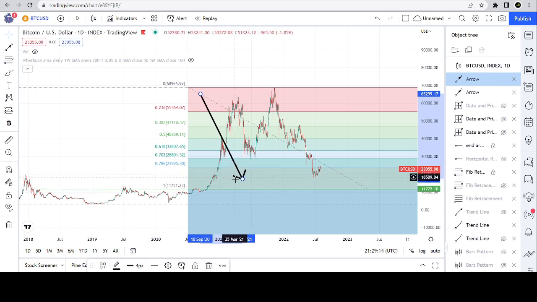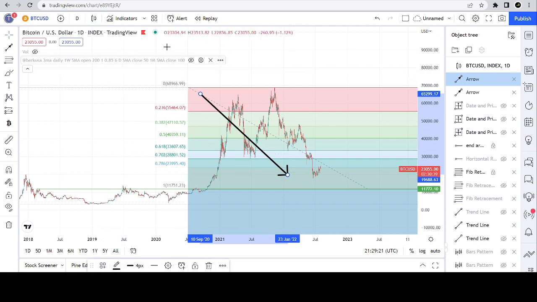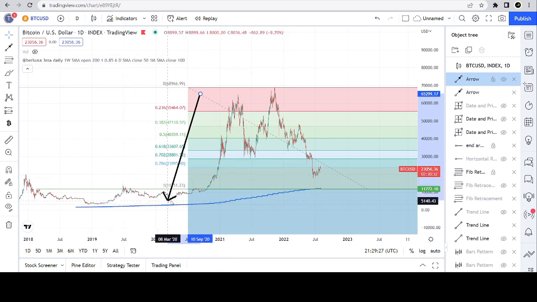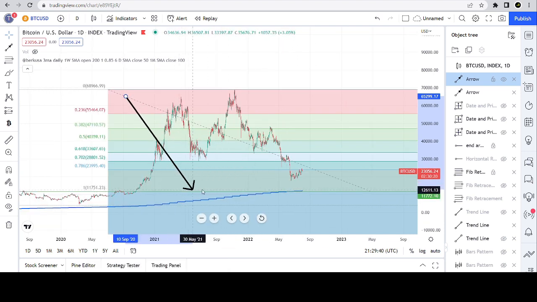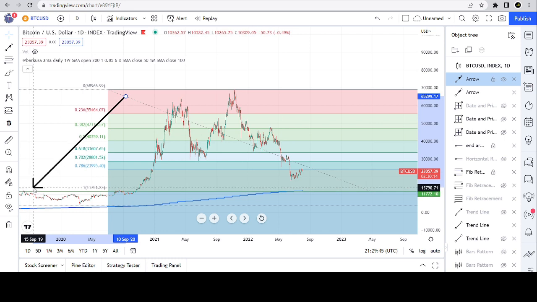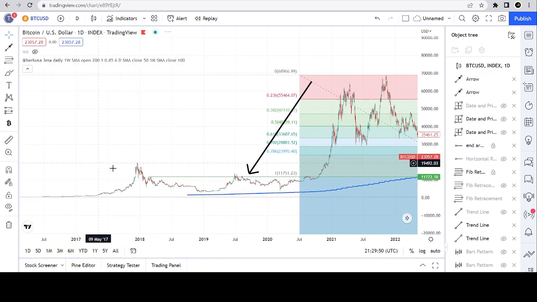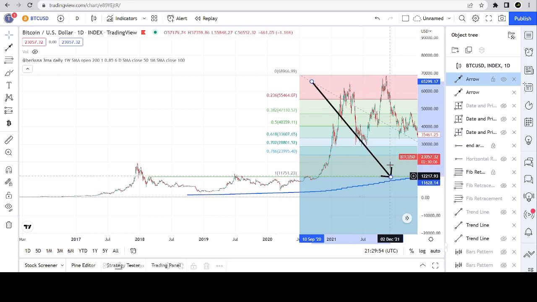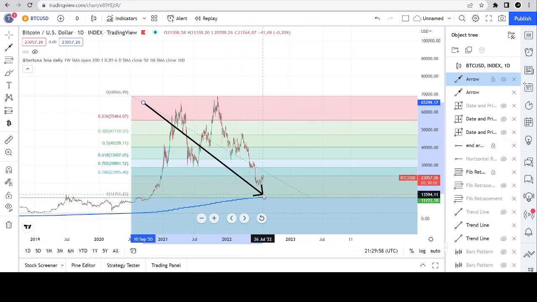Now, there's another reason why I have placed the potential capitulation point right here. And that is if you put a 100-month moving average on here, it also aligns with this line as well. This is historically a place where Bitcoin has capitulated. This is the next strongest moving average that we have.